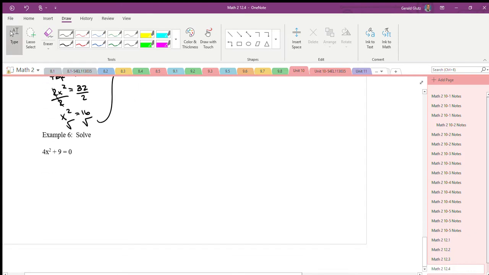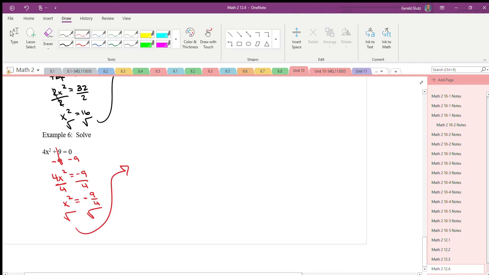Then finally, example 6. First thing I'm going to do is subtract 9 on both sides. So 4x squared is equal to negative 9. Divide by 4. So x squared equals negative 9 over 4. Now that I have x squared by itself, I can take the square root of both sides.